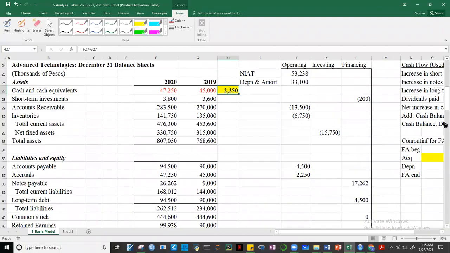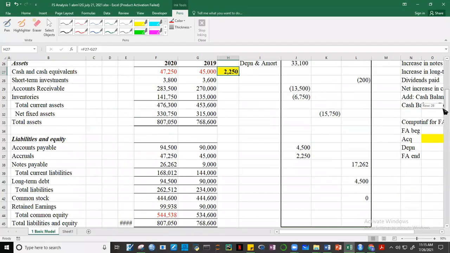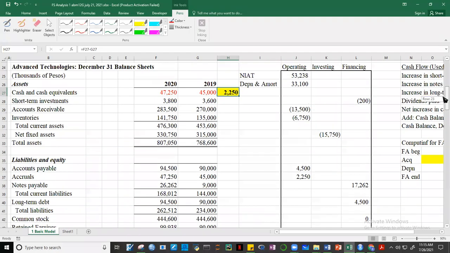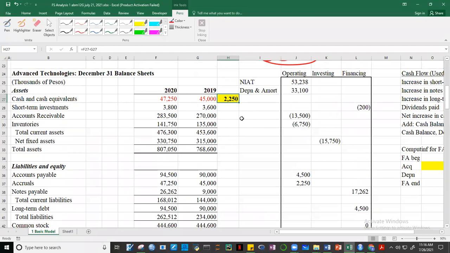Okay, let me give you a clue first. One of the adjustments, guys, is in the income statement. Okay, I'll give you that general clue first. Ano yung nasa income statement, guys, na hindi pa natin nasasama dito?